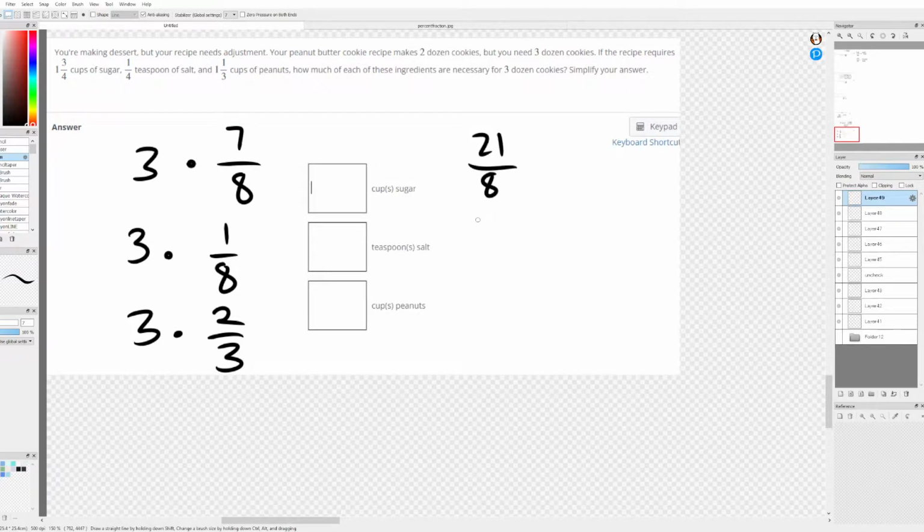And this is still over 8. 3 times 1 is 3 over 8. 3 times 2 is 6 over 3. This 21 over 8 is the same as, 8 goes into 21 twice, so 2, and then 5 left over, because 16 plus 5 is equal to 21.